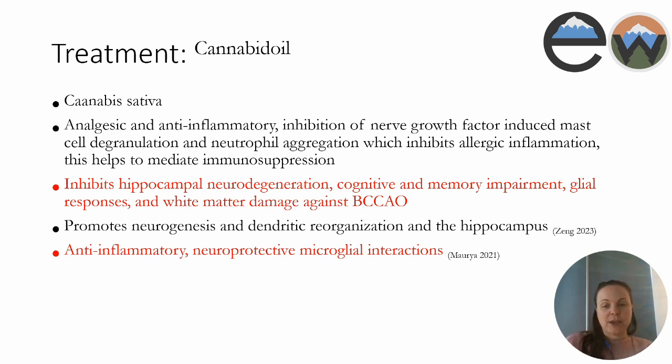So it helps regulate homeostasis. And these aren't all curative, right? Because we still have to work on the reason why it's reactive. And then white matter damage in the neurological tissue. It also has anti-inflammatory, neuroprotective microglial interactions. So just to give a little bit more support for CBD.